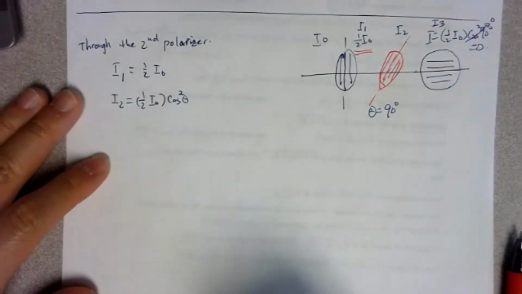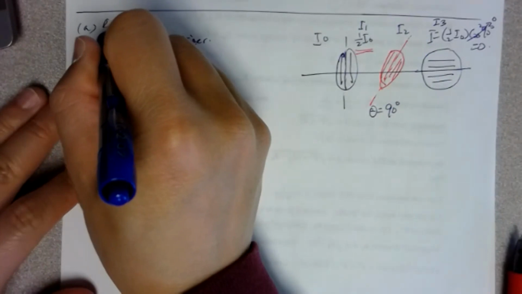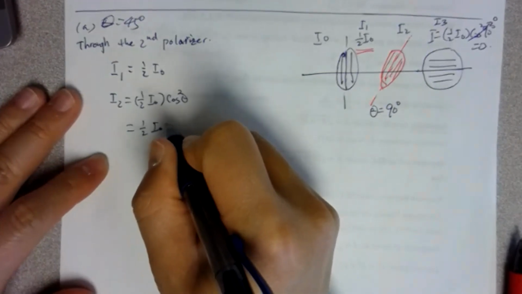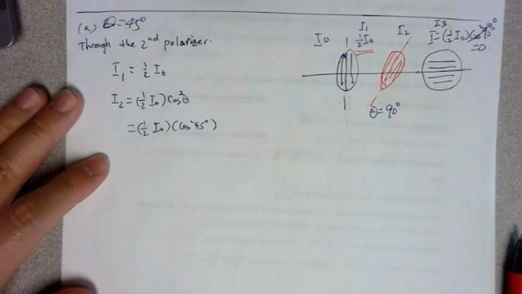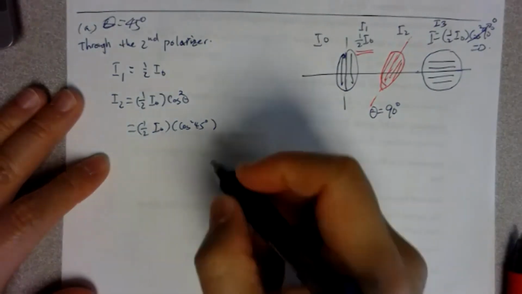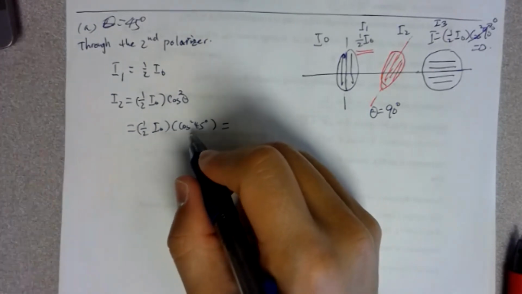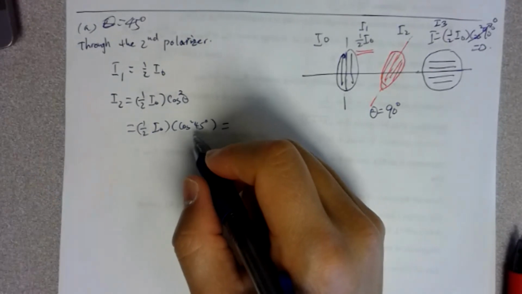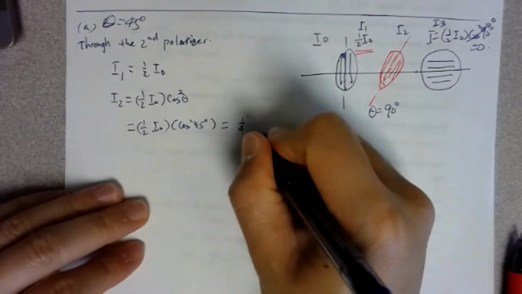So it's asking you when theta is equal to 45 degrees for part A. So this is then 1/2 I naught times cosine of 45 degrees squared. Cosine of 45 degrees is square root of 2 over 2. So then the square of it is 1/2. So this is 1/4 of I naught.